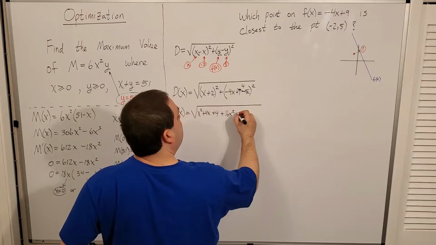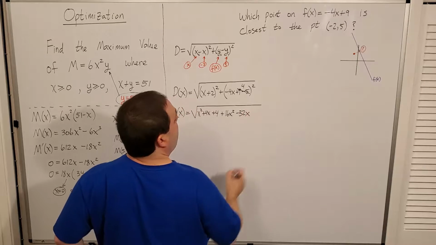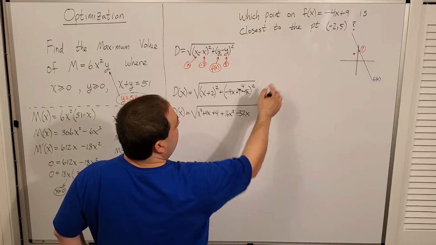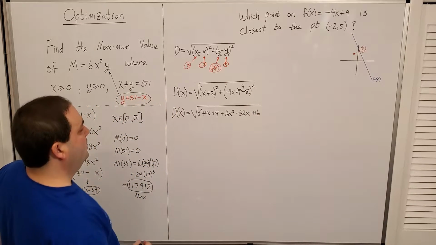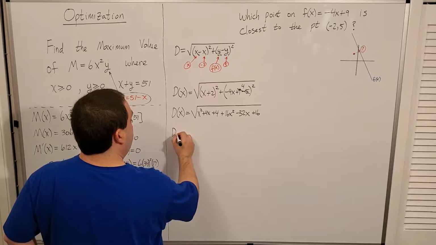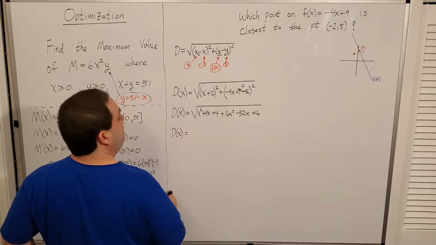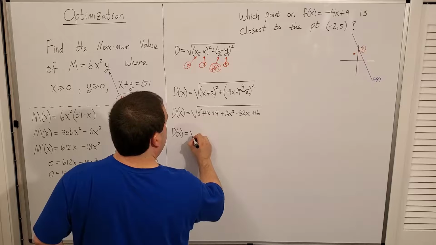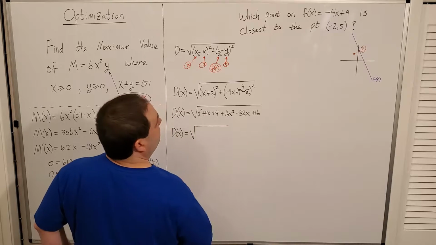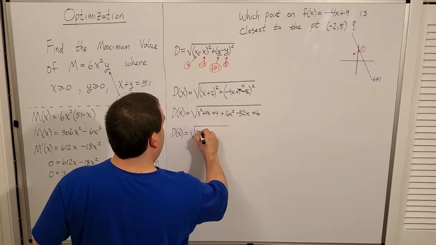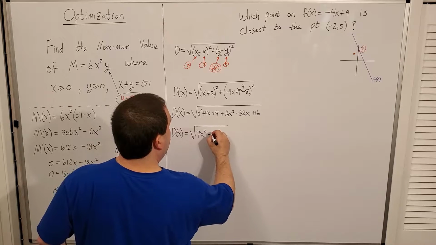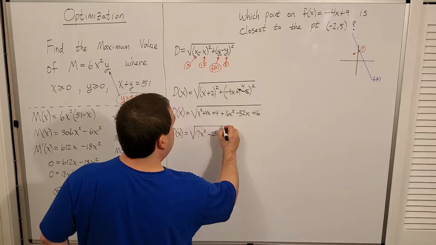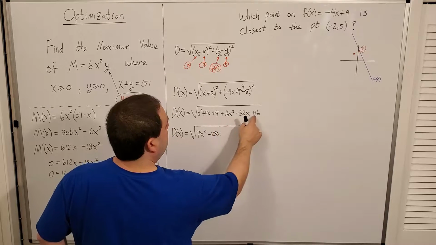So that's negative 16 is negative 32x. And then 4 times 4, I'll get 16 again. So my distance function of x is equal to the square root of 17x squared, 4x minus 32x is minus 28x, and plus 20.